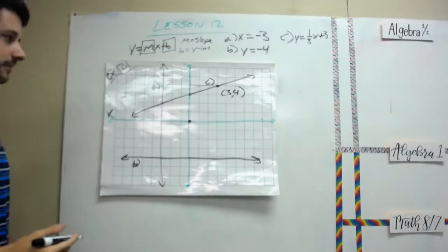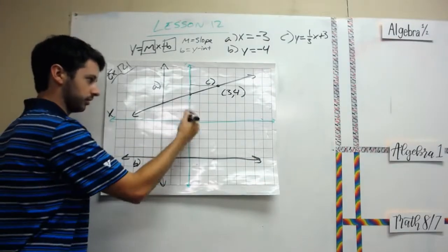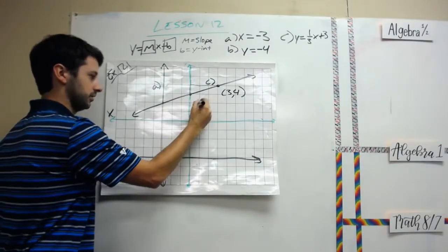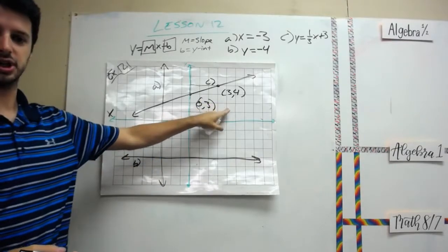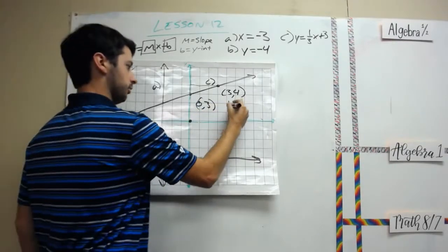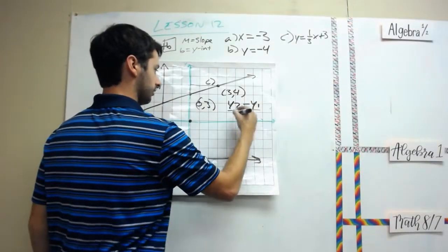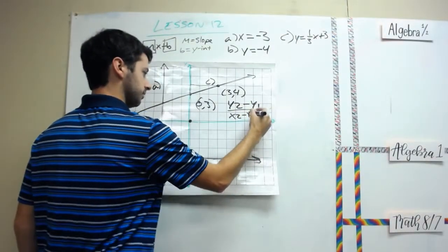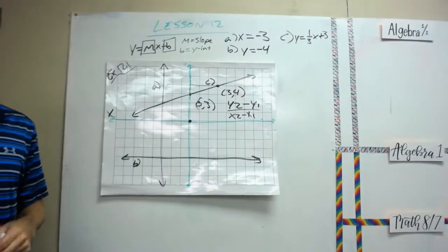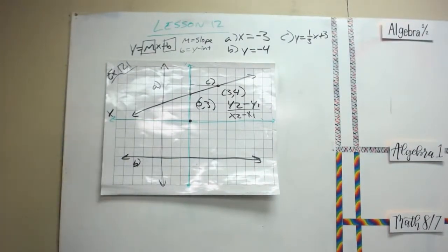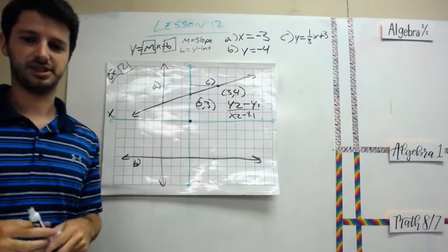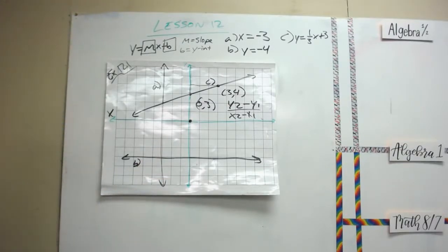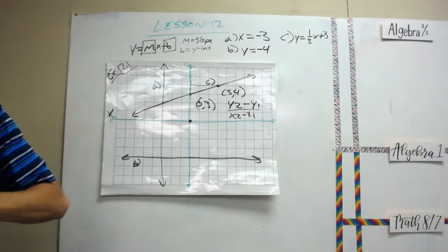I can find another coordinate. Well, we know (0, 3) is another coordinate. And you could do your slope formula of y2 minus y1 over x2 minus x1 to solve for that. So if it's not as plain as day, then you can use that and solve like we previously have. But that is how you find the equation of a line when given the line graph.